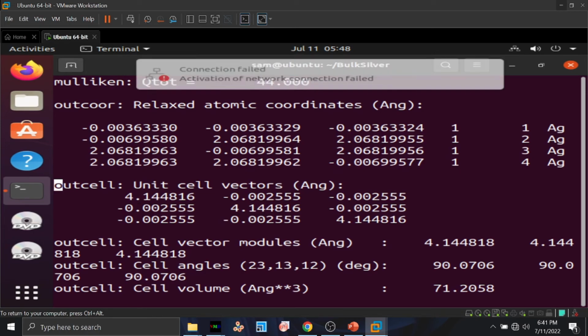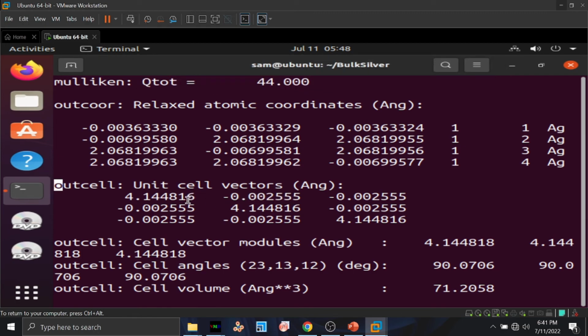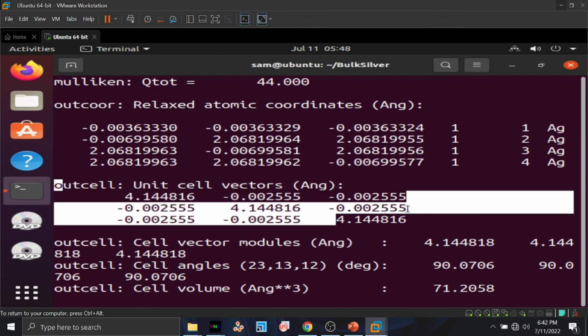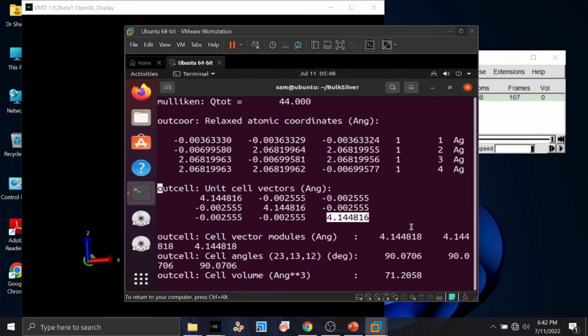Here you can see the cell vectors have three coordinates each: ax1, ax2, ax3, then bx1, by1, by2, by3, and the same is cz1, cz2, and cz3. So the variable cell means that this cell is basically expanding. Okay, so this is all about today's lecture. Thank you so much.